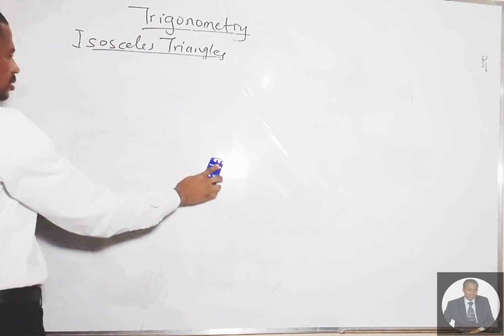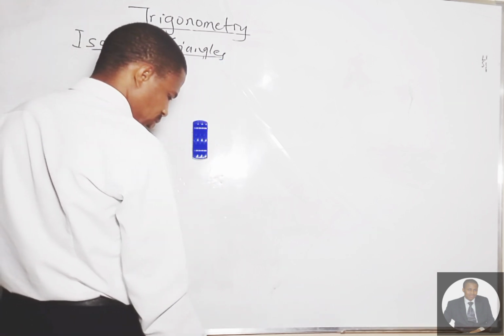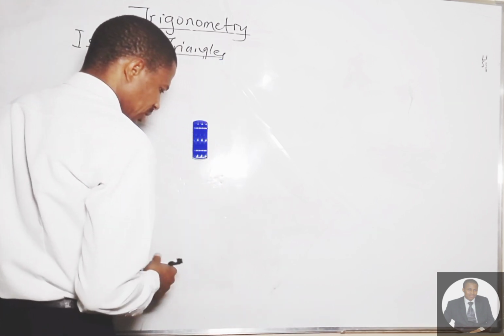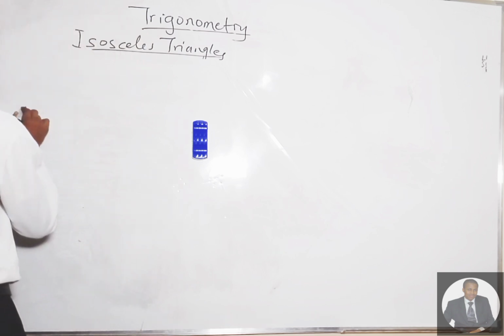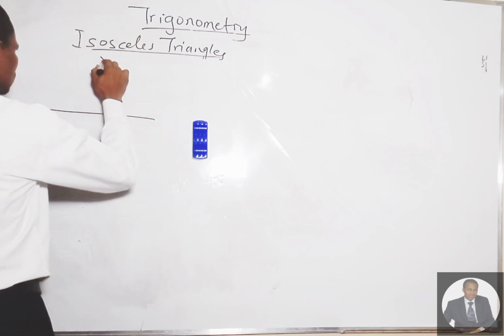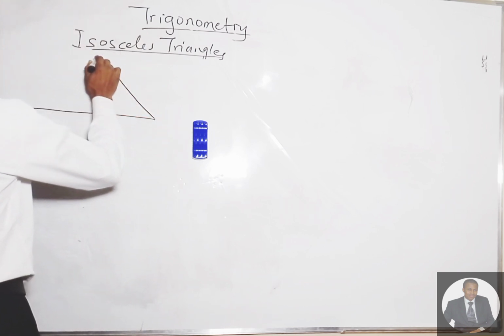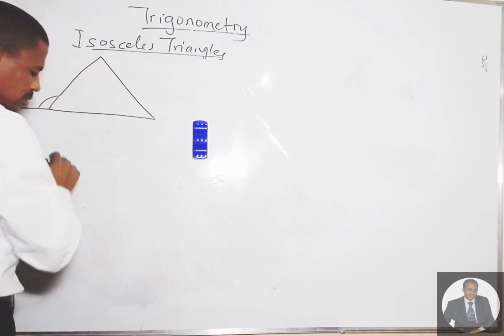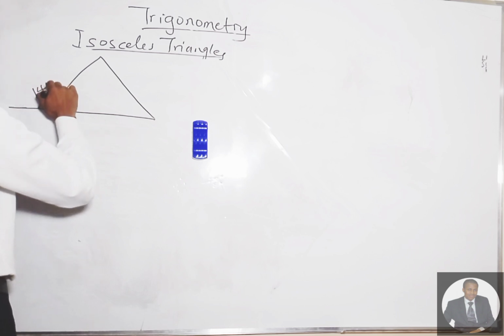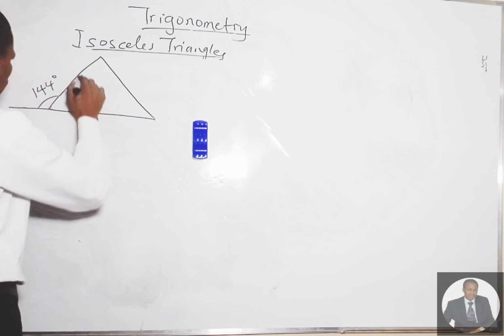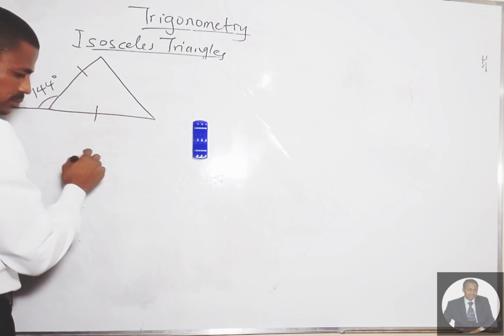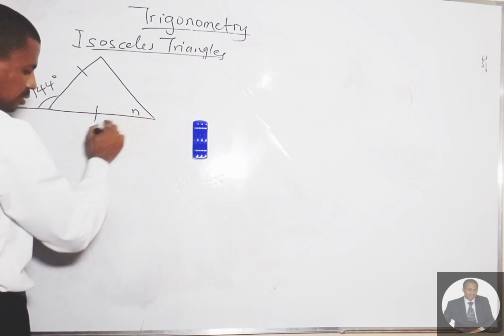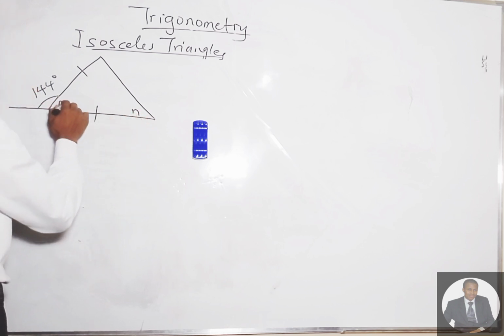Let's look at another question relating to an isosceles triangle, something like this. And then this 144 degrees is n, and this is n.